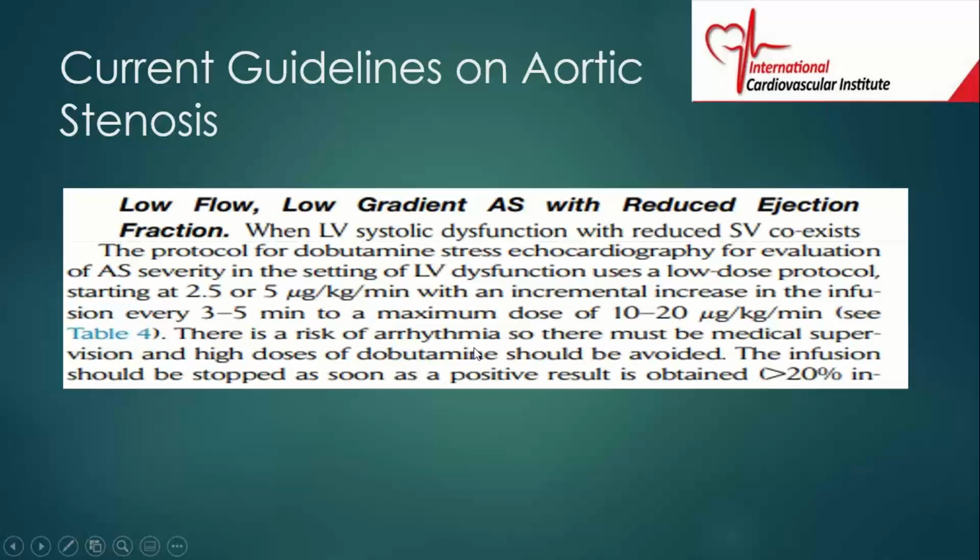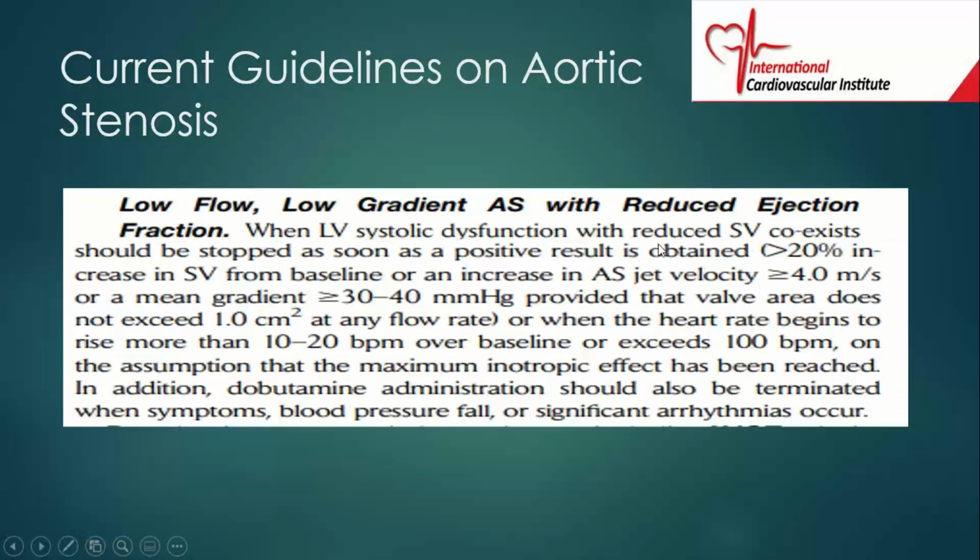Remember, patients with severe aortic stenosis have an increased chance of arrhythmia, so don't just leave them like that. So you really want to separate the pseudo severe aortic stenosis from the patients who have really severe aortic stenosis.